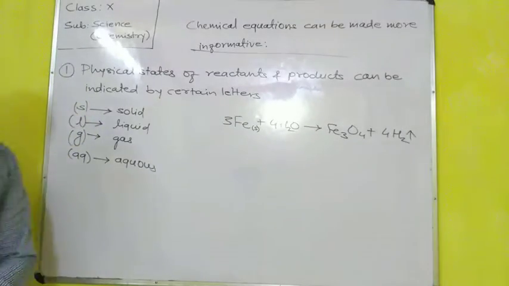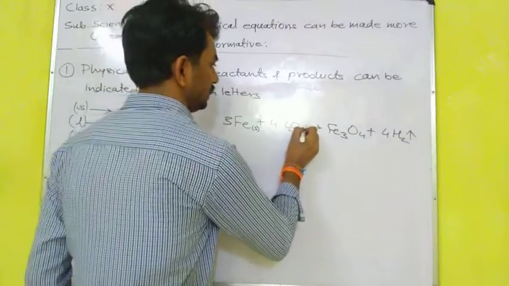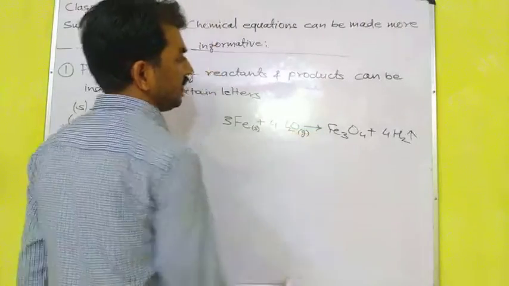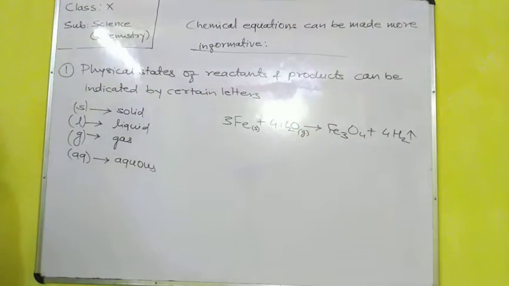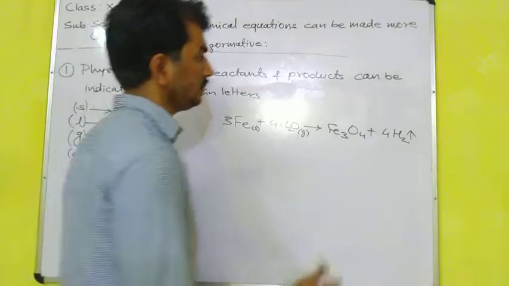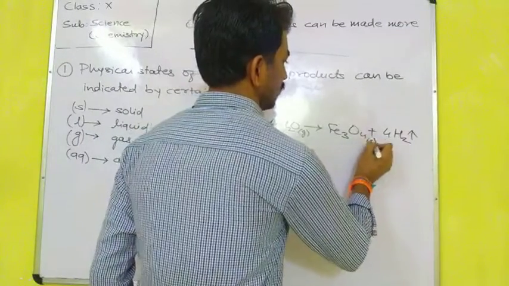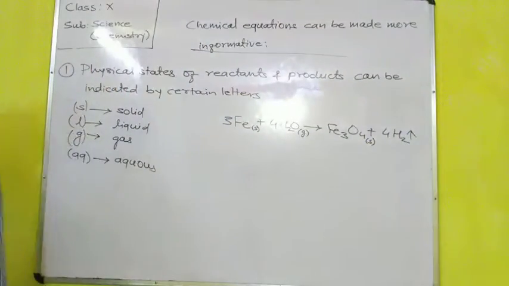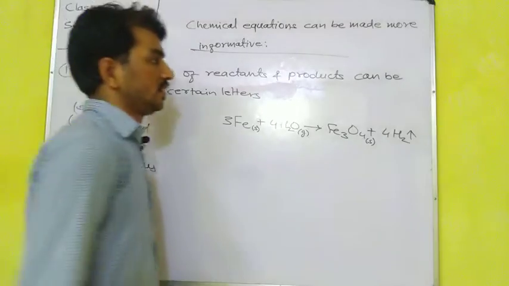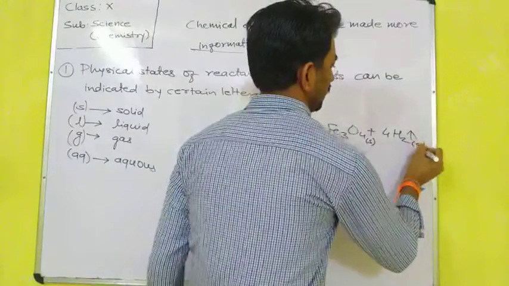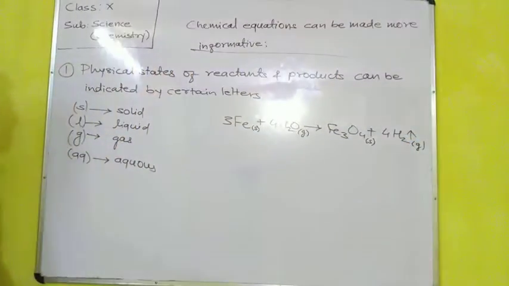Water is present in the gaseous form in the reactant side. Fe3O4 is also present in the solid state, and 4H2 is present in the gaseous state. So it is indicating the states of reactants and products. By writing this, we can know the states of reactants and products.